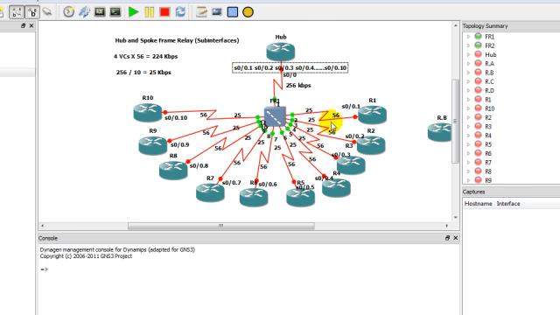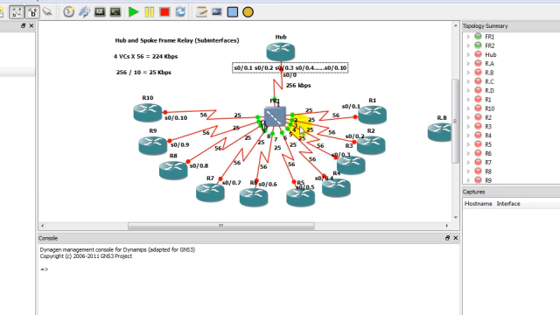Don't use multipoint, because multipoint is actually good for higher bandwidth. If you have 1 megabit or 1.5 megabits, 1545 kilobits per second, maybe for each line here, it is good to use multipoint because you have higher bandwidth.